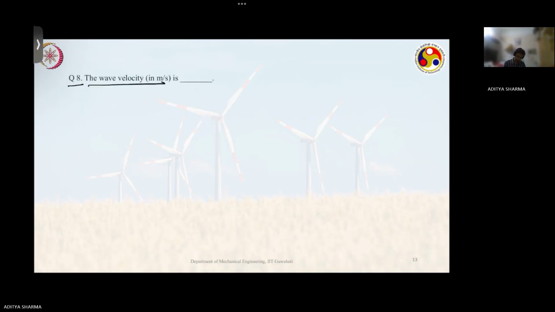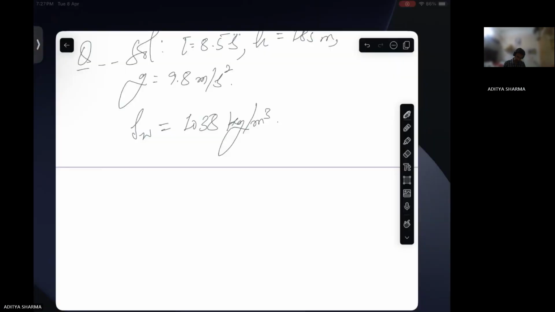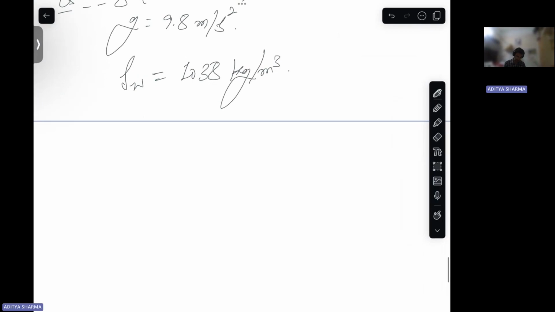So in that case, 3 meters is the total length, right? So it will be this. Then A is 1.5 meters.